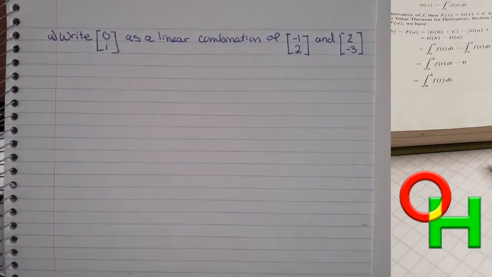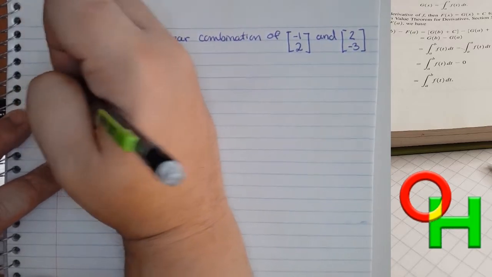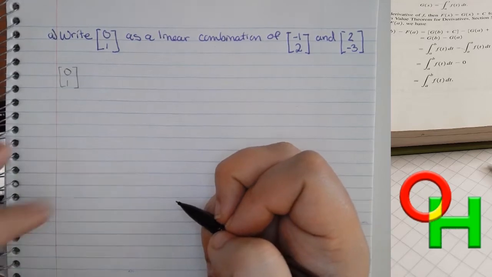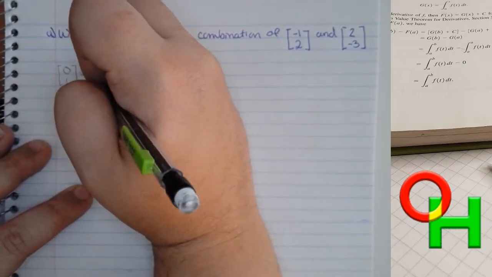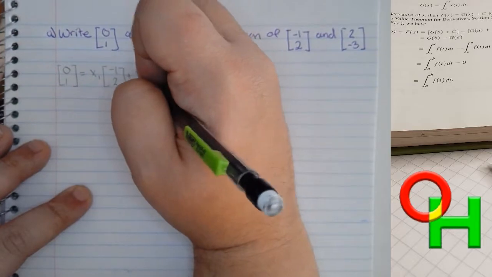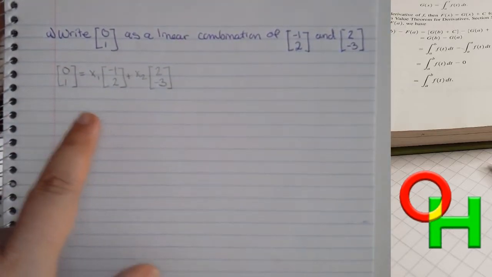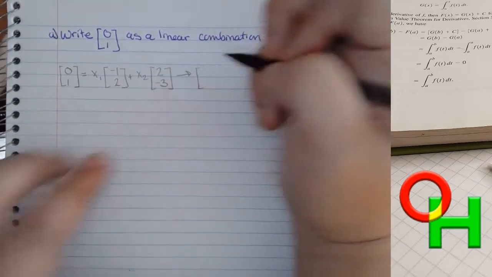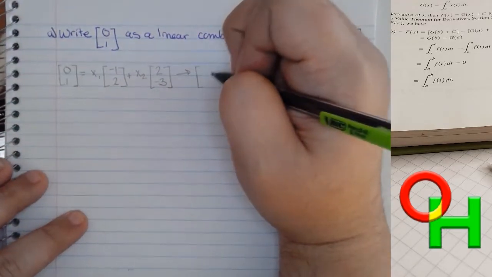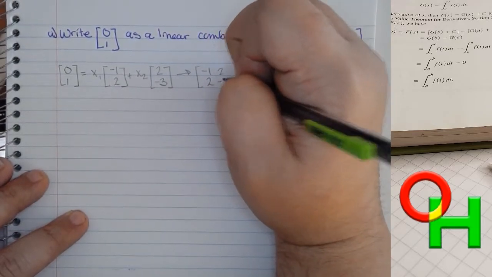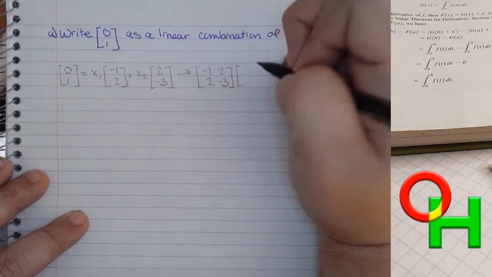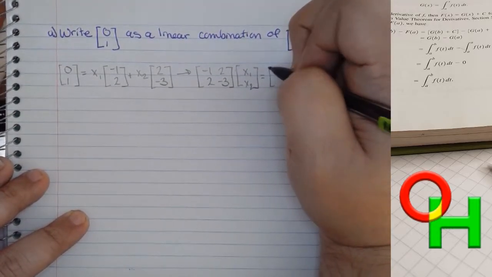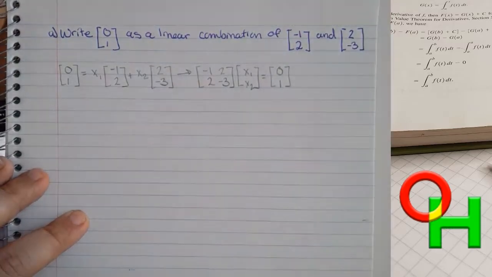So when we want to write something as a linear combination, basically we want to find the vector (x1, x2) such that when I set up the equation like this, this is equivalent to taking the matrix made up of the two vectors here, multiplying it by the vector (x1, x2), and saying that it has to equal my desired vector, which is (0, 1).